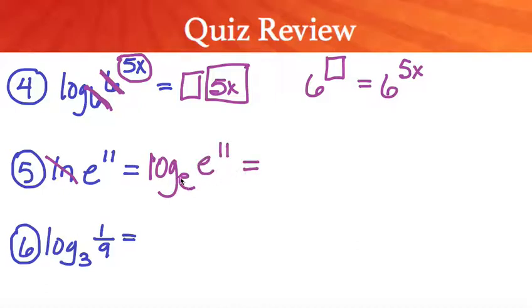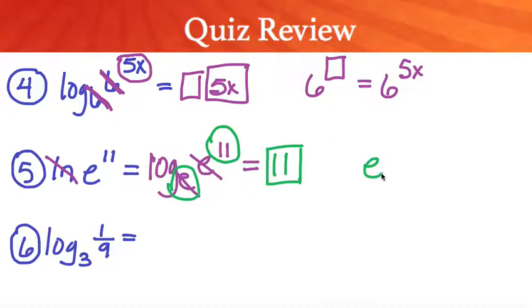And again, I have two bases that are the same, so the answer is whatever is in the exponent because they're canceling each other out. And so the answer is 11. If I wanted to convert it, I would take this e right here, e to what gives me e to the 11. So it's obvious this answer has to be 11.